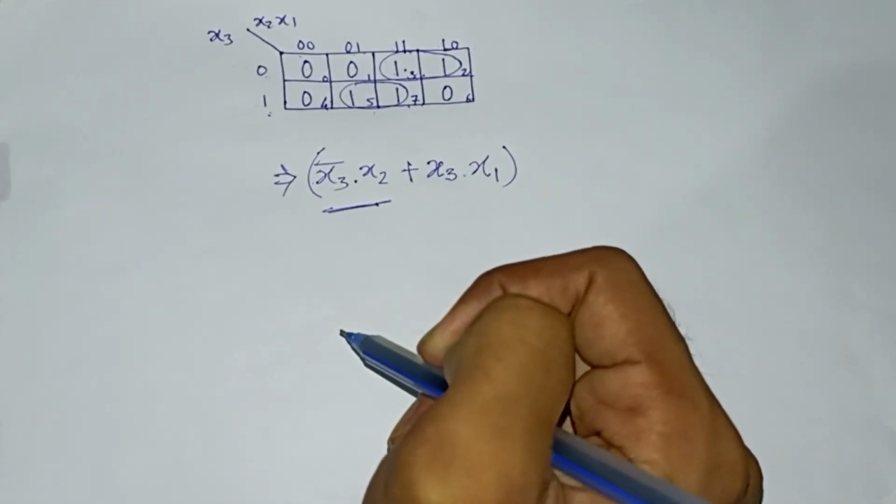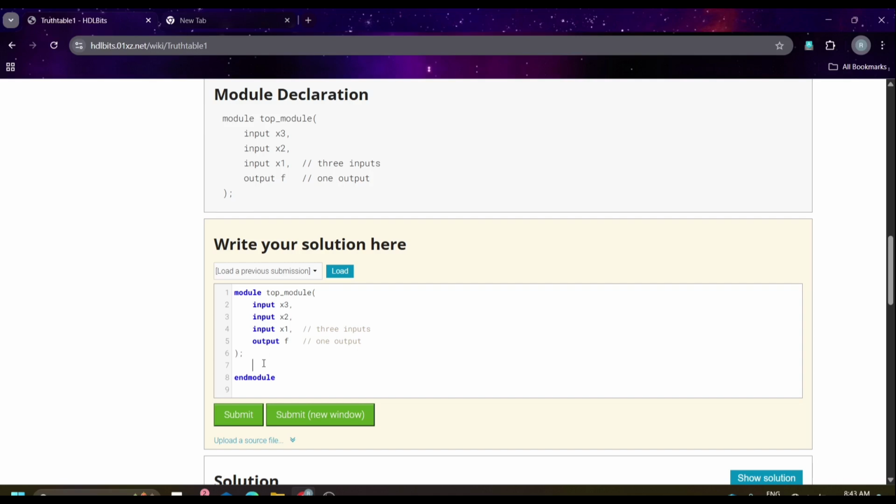Okay, so we saw how we can generate any expression from the truth table with the help of a K-map, and we wrote our expression in SOP form, right? Sum of products form. So I am going to write the code for that question.